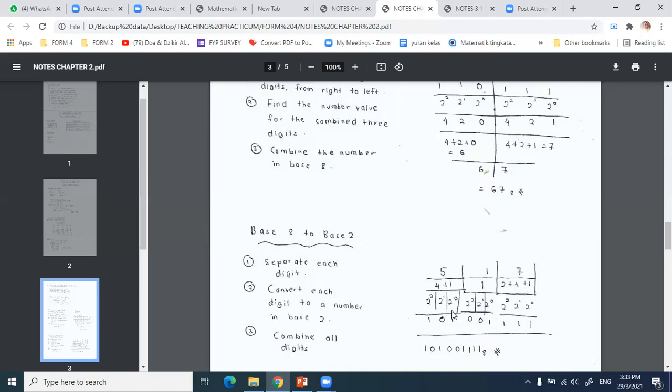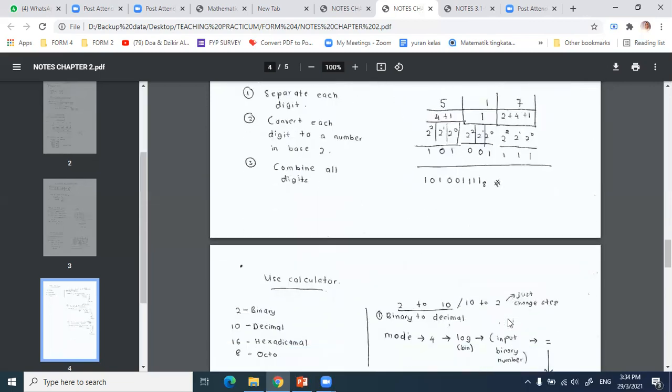And then this one, 2 to the power of 0, we will get 1. Oh, like this we have 4 and also 1. We don't have 2, so the part for 2 we make it empty. For 4, we have 1. 2 to the power of 0, we also have 1. So the answer is 101, 001, 111. Okay, we combine all of the digits.